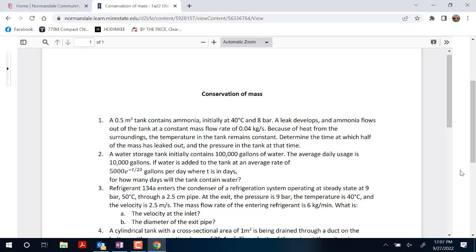Every day, 10,000 gallons is used, and water is added at a daily rate of 5,000 e to the negative t over 20 gallons, where t is in days. The question is, how many days is this thing going to contain water? We're basically just looking for where it gets to 0.